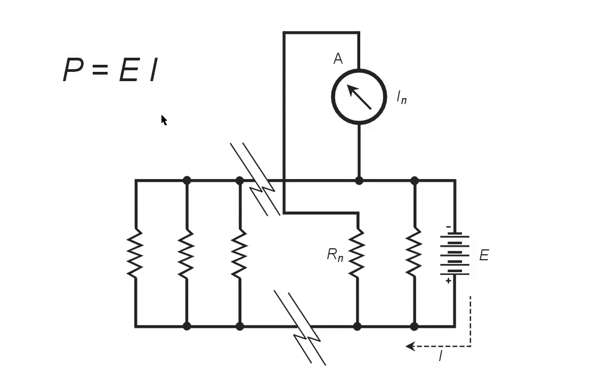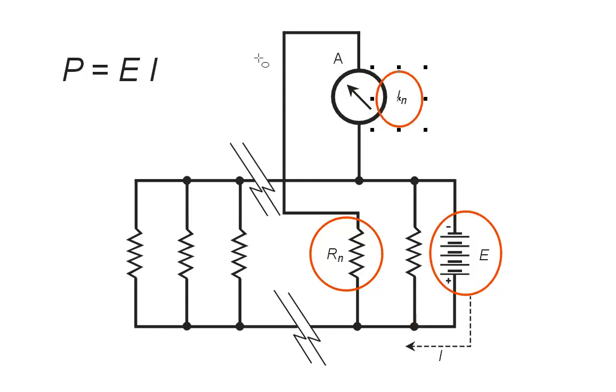Well, we can calculate the amount of power dissipated by each and every one of these individual resistors, R sub n, if we multiply the battery voltage E times the current through that particular resistor, I sub n.